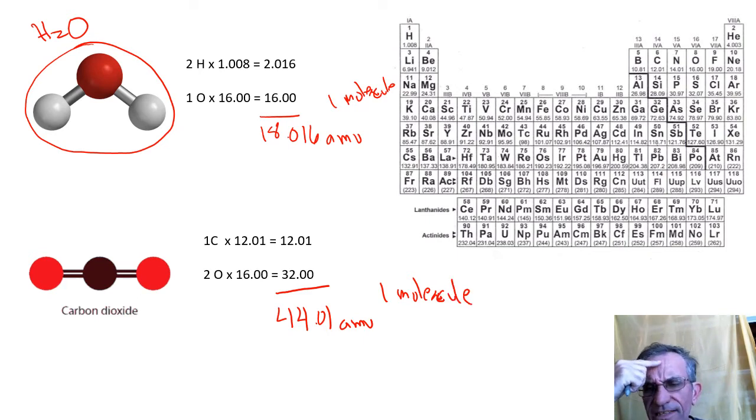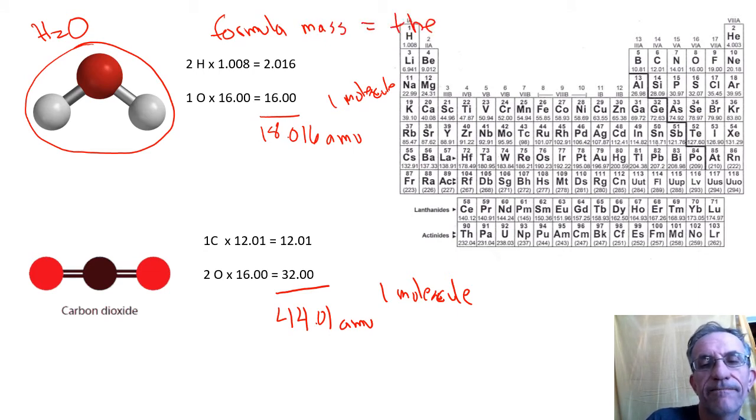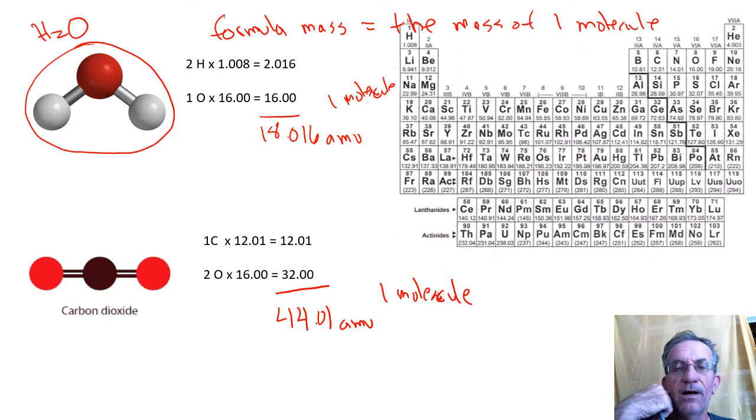All right. Now, let me mention one last thing. Do you remember what we called this when we added this up? It had a name. It was called the formula masses. These are formula masses. Formula masses, and maybe I'll just write over the periodic table here, is the mass of 1 molecule of something.